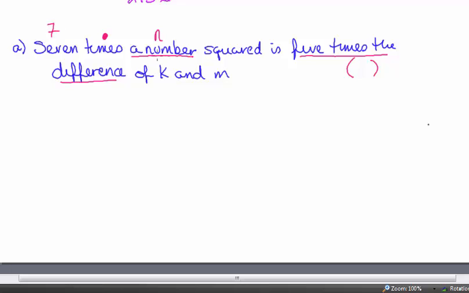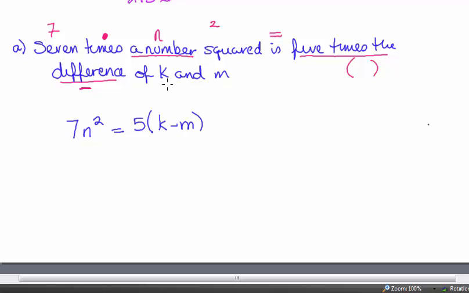I have 7 times a number squared is 5 times the difference, which is subtraction, of k and m. So I can translate this to 7n squared, that's 7 times a number squared, is 5 times the difference of k and m. Now when it says the difference, you go straight in order, k minus m.